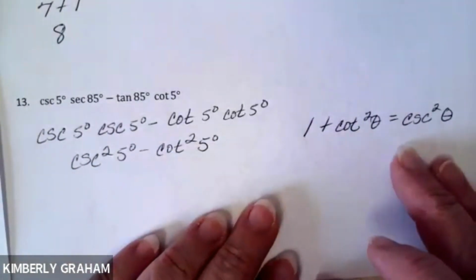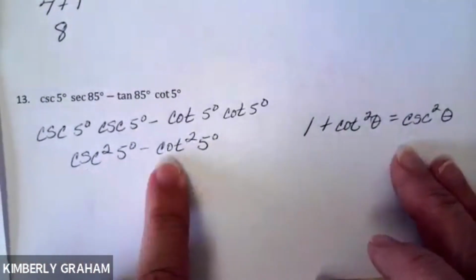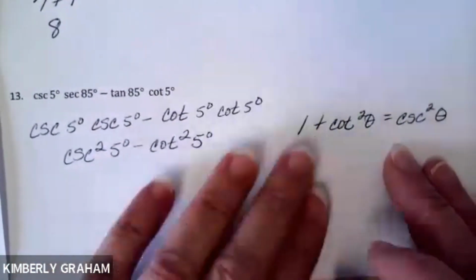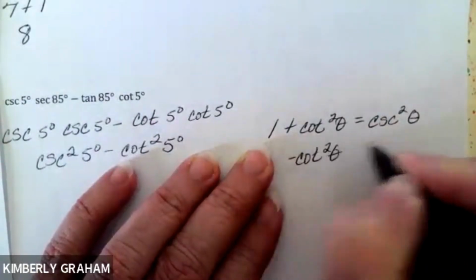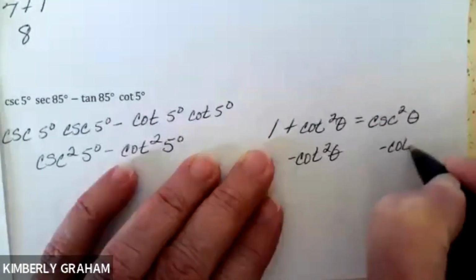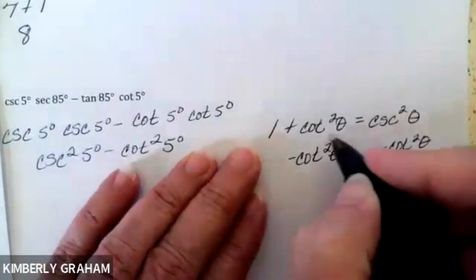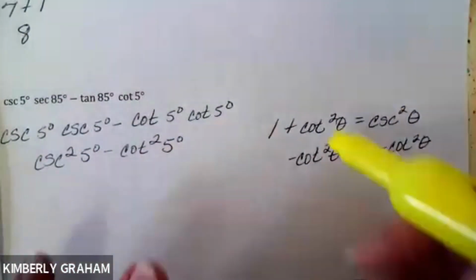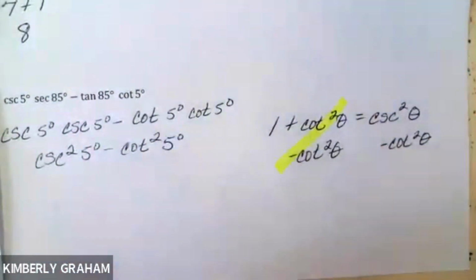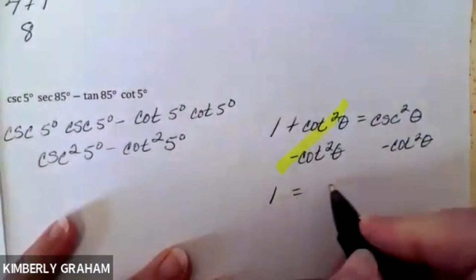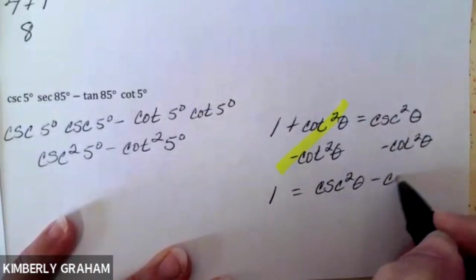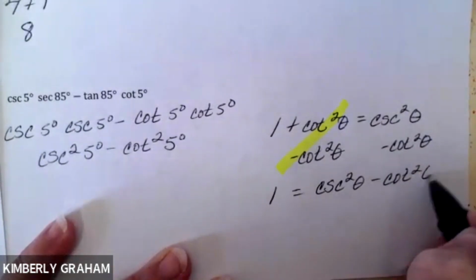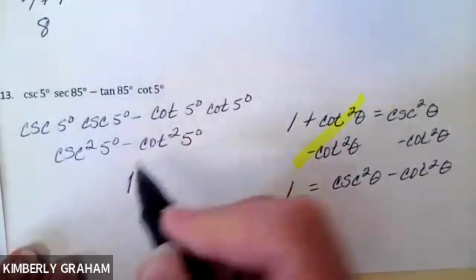I notice that I have cosecant squared minus cotangent squared here. So if I were to subtract cotangent squared theta from both sides of this equation, then they would cancel out, and I would have 1 equals cosecant squared theta minus cotangent squared theta. So this is equal to 1.